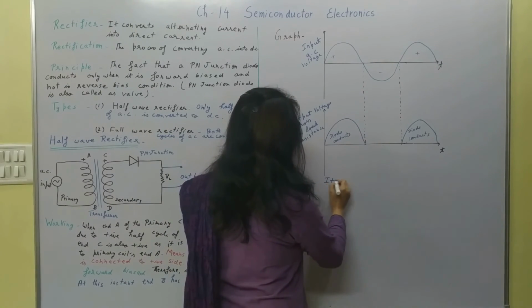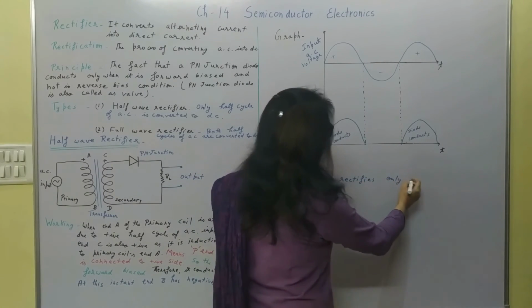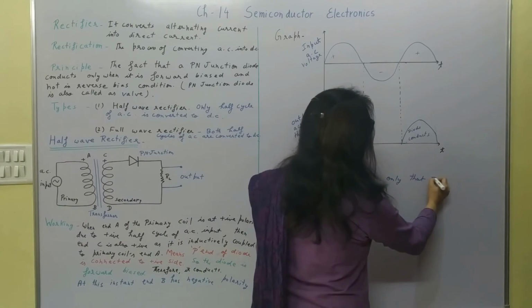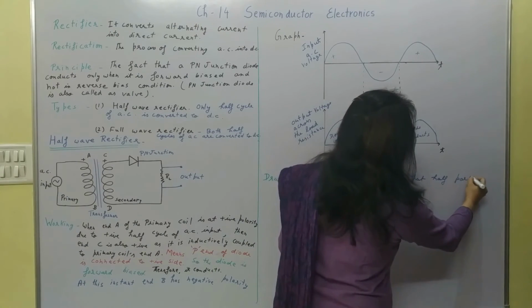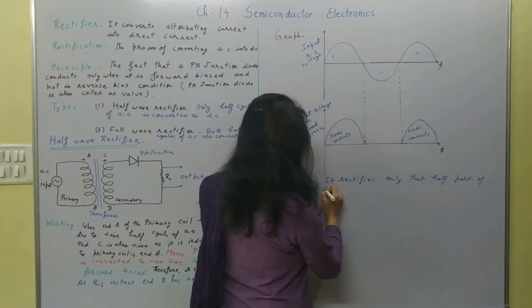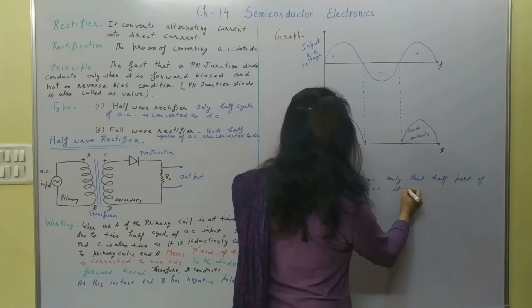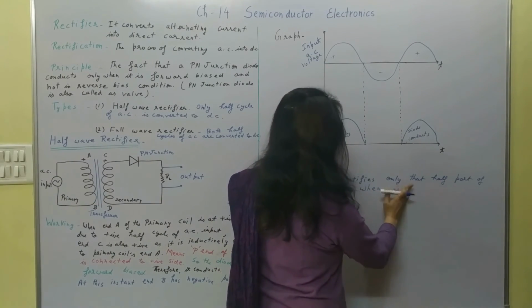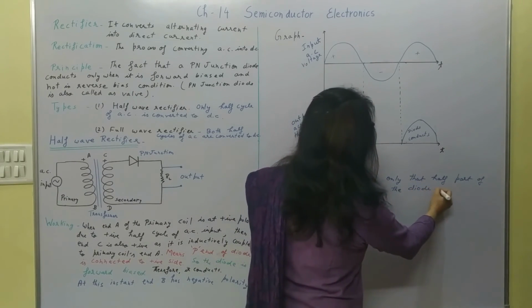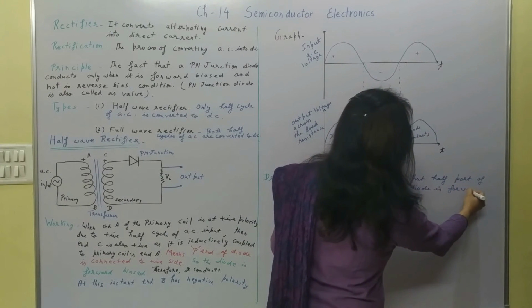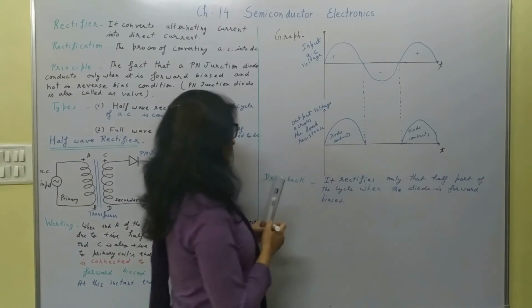It rectifies only that half part of the cycle when the diode is forward biased, right?